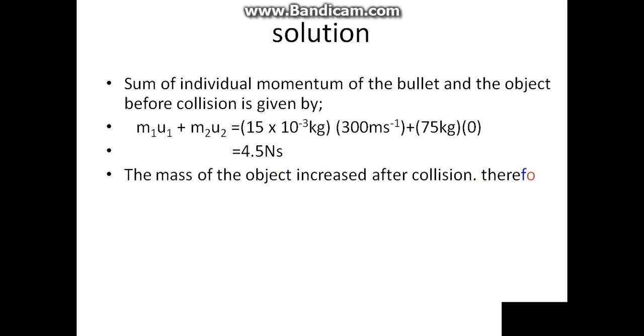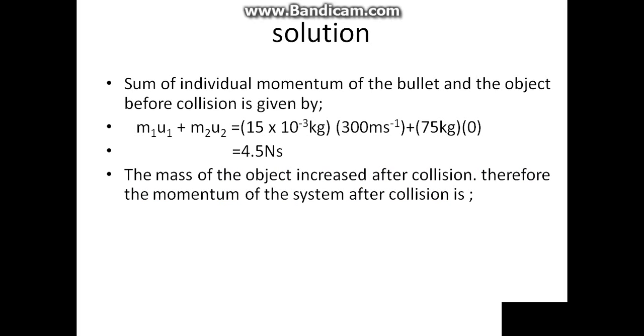The mass of the object increased after collision. Therefore, the momentum of the system after collision is (m1 plus m2) v, which is equal to (0.015 plus 75) kg times v.